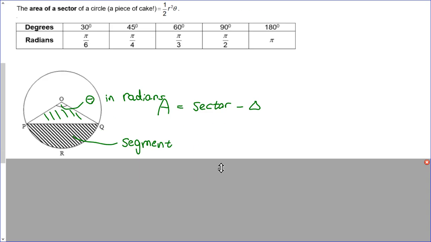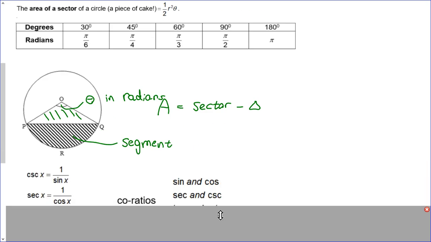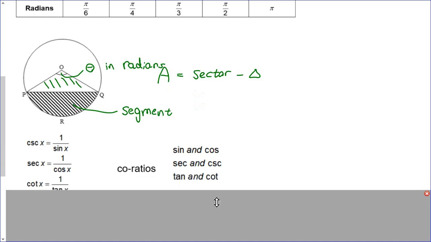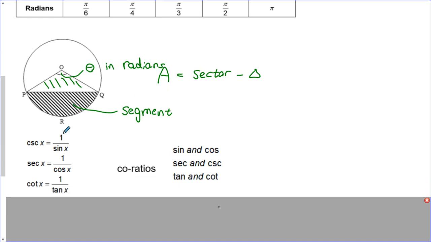Okay, you need to be comfortable with the fact that we've got our reciprocal ratios. So cosec theta is the reciprocal of sine, sec the reciprocal of cos, and cotan the reciprocal of tan. And in core maths, we only have to worry about these two co-ratios, sine and cosine, but in fact, the co-ratio of sec is cosec.